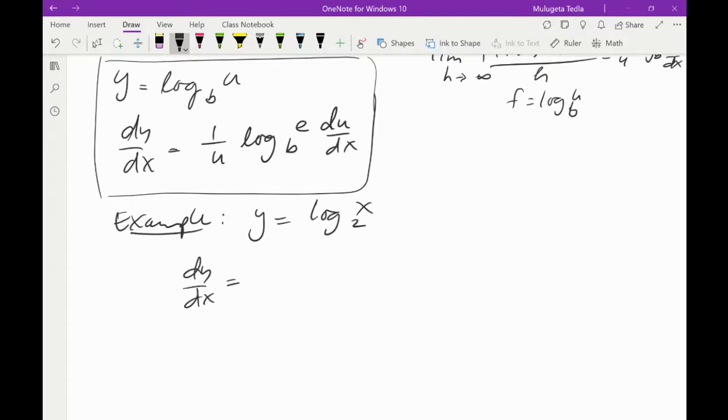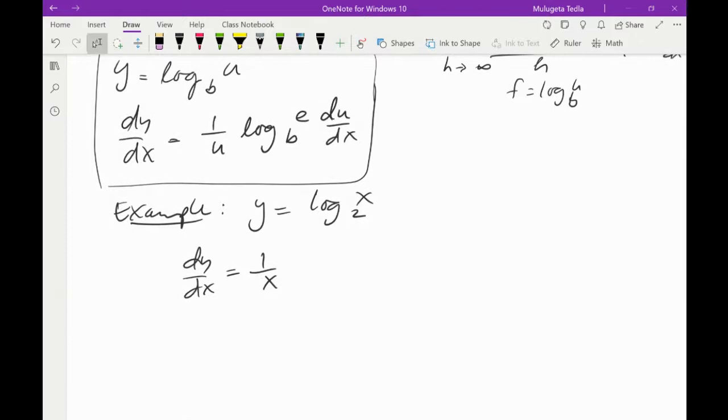It is of course 1 over x. So 1 over u, 1 over x. This is the domain part. This is the base. This is the domain part, right? The input. So 1 over x log of e to the base 2 du by dx, which is 1. The derivative of x is 1.